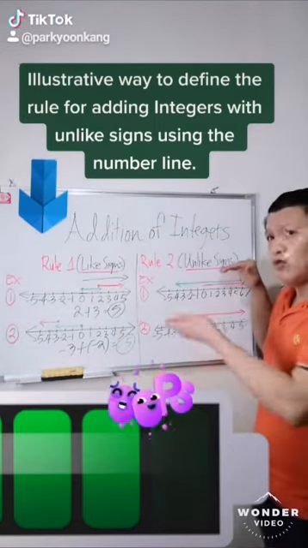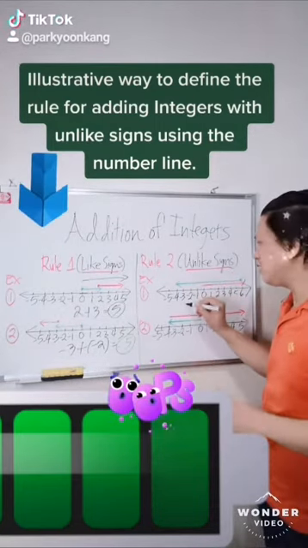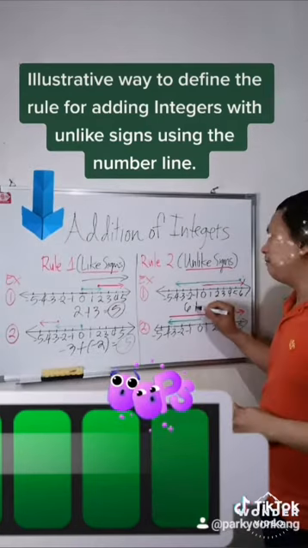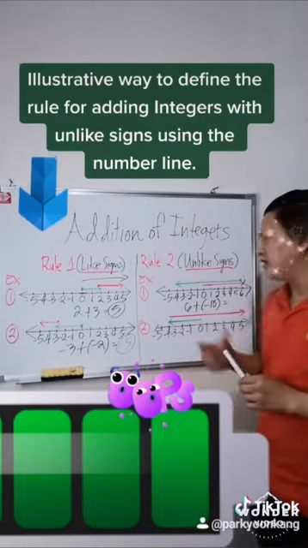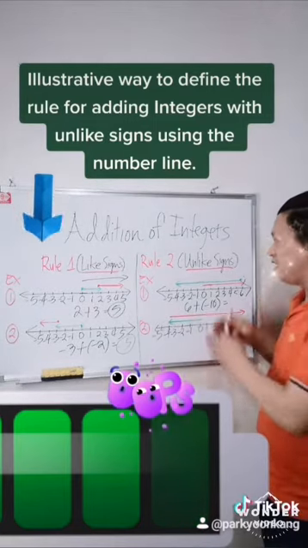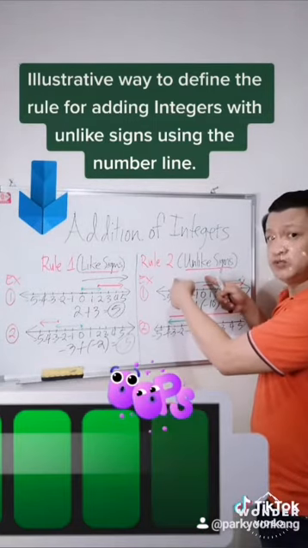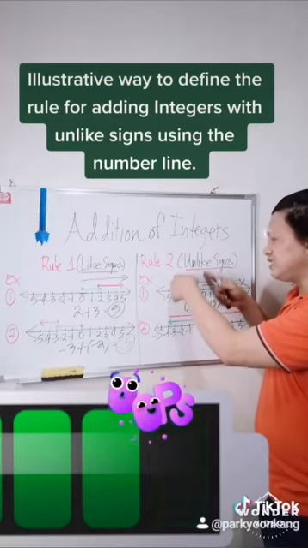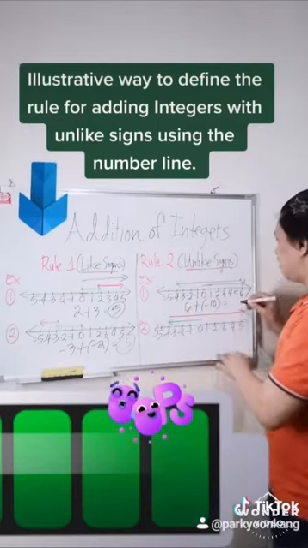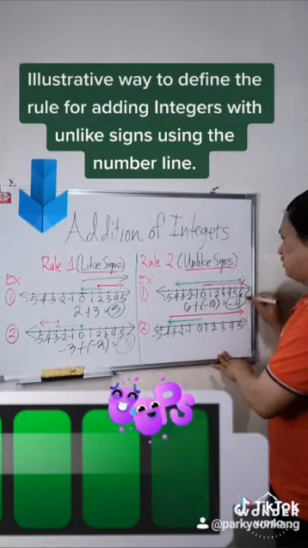Since going to the left, that is negative, just write 6 plus negative 10. How are you going to get the sum of the two integers? This is the place where you are stopping, dito ka nag-stop. Since this is negative, that is your answer, negative 4.